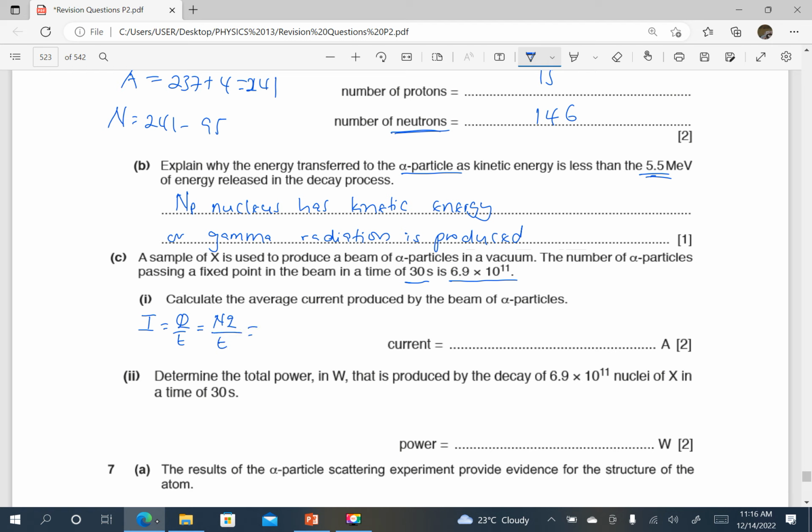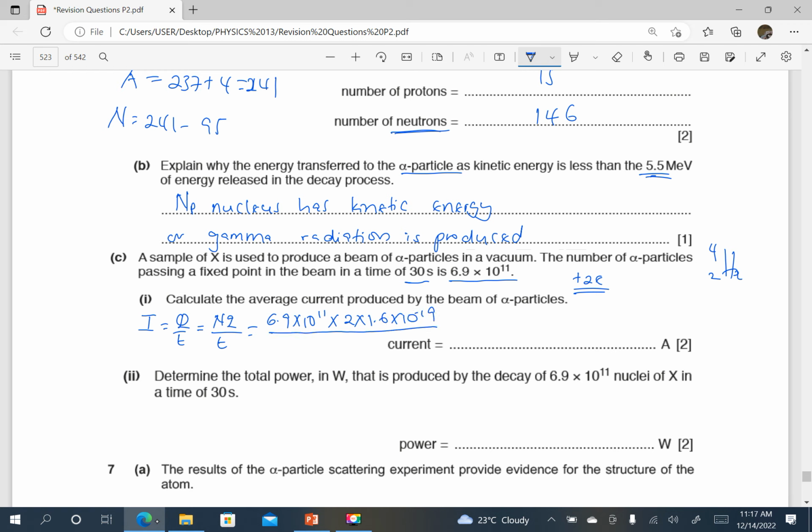Since we want the average current, there are 6.9 times 10 power 11 particles, so that is 6.9 times 10 power 11. Each alpha particle, remember, is positive 2e in charge. It is a helium nucleus, He-4-2, the charge is positive 2e. So we set times the charge, which is 2 times e, and e is 1.6 times 10 power negative 19.